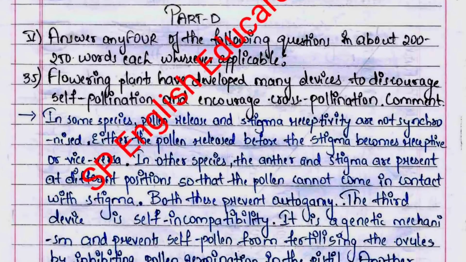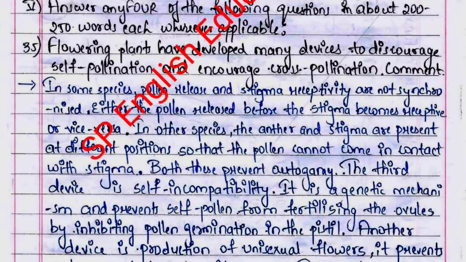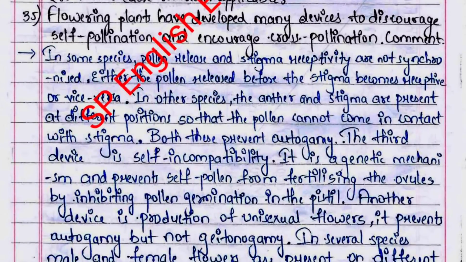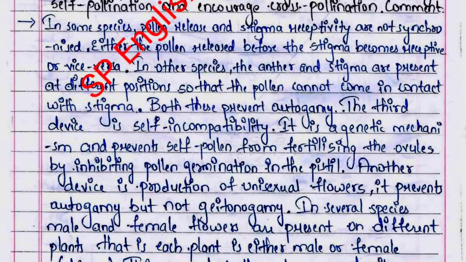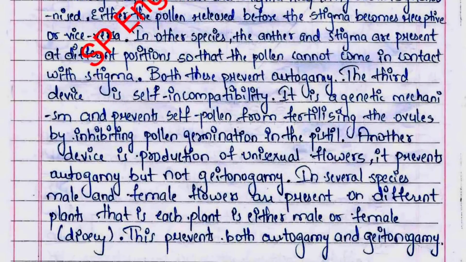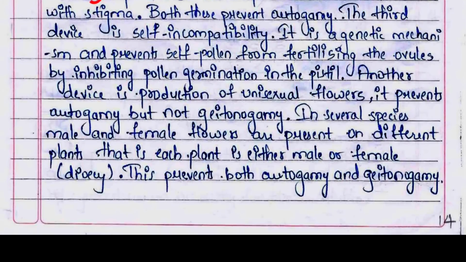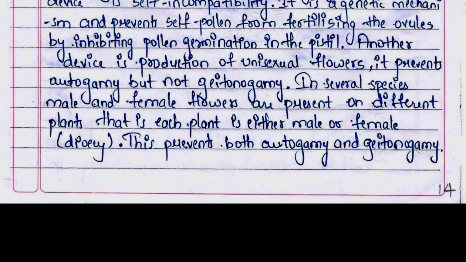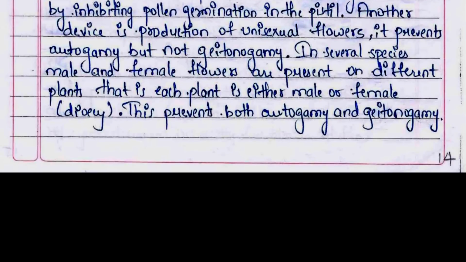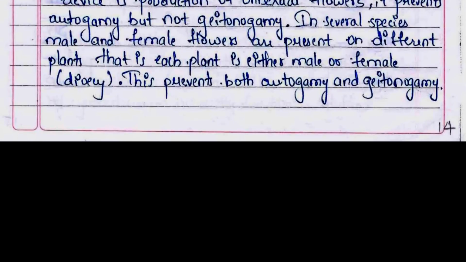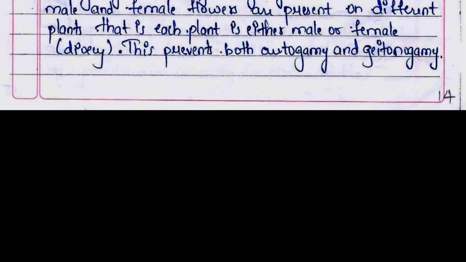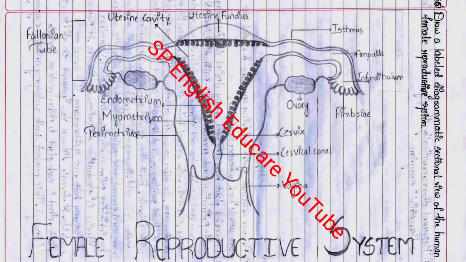Comment, and the answer is below. 36. Draw a labelled diagrammatic sectional view of the human female reproductive system, and below is the diagram.